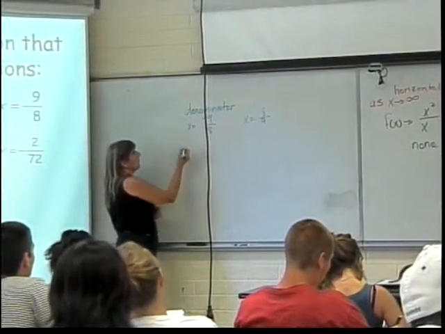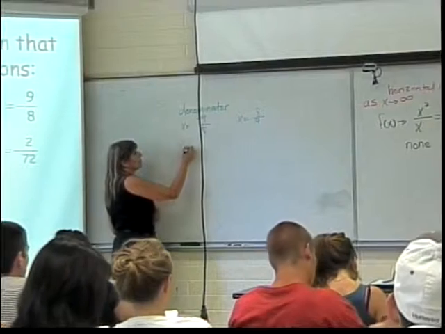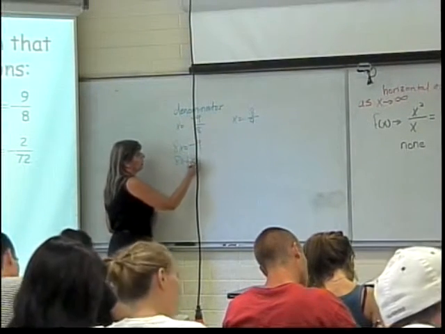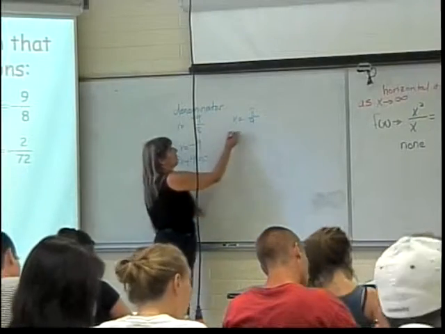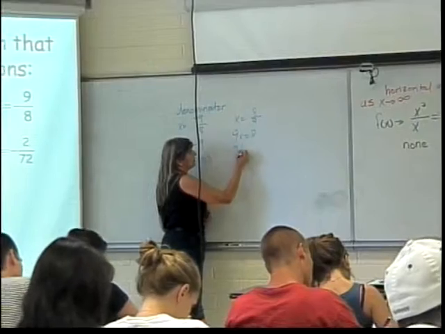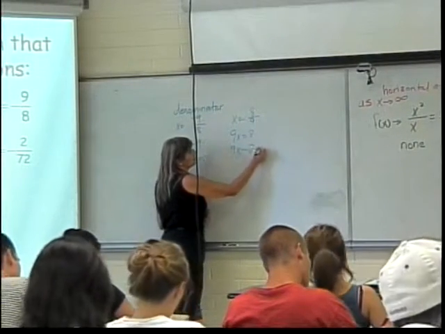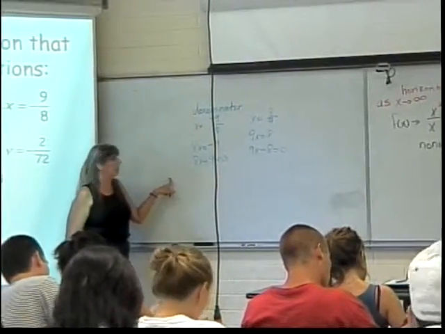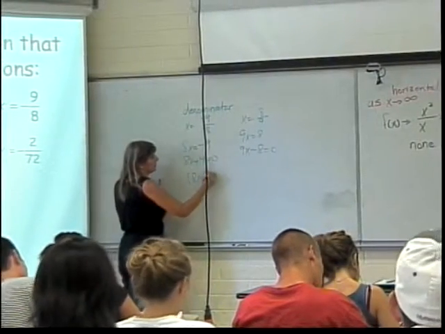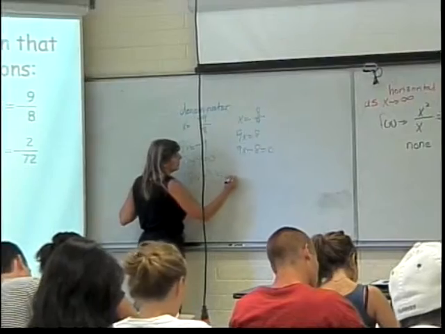So on this one I would have 8x equals negative 9, so 8x plus 9 equals 0. Here I would have 9x equals 8, so 9x minus 8 equals 0, and then when I put them together to make my denominator, I will have 8x plus 9 times 9x minus 8.